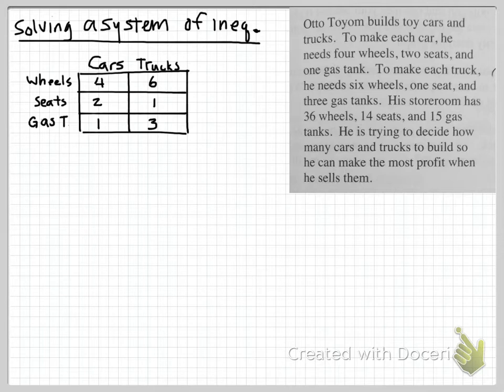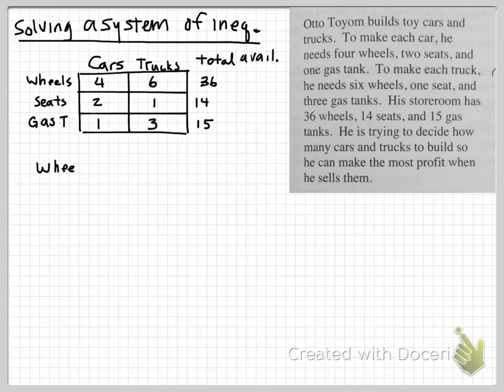So for example, wheels: each car needs 4 wheels, but each truck needs 6 wheels. Now I'm going to put the total available in his garage. He only has 36 wheels, 14 seats, and 15 gas tanks. So essentially, how many cars and trucks can he make out of those? He's constrained as to his availability.